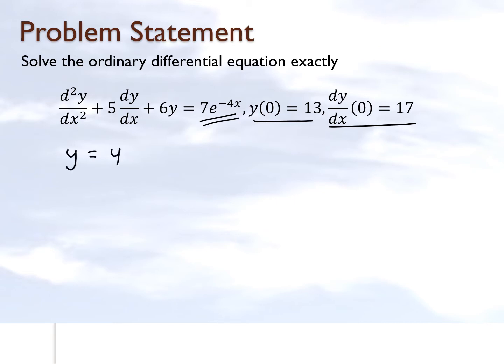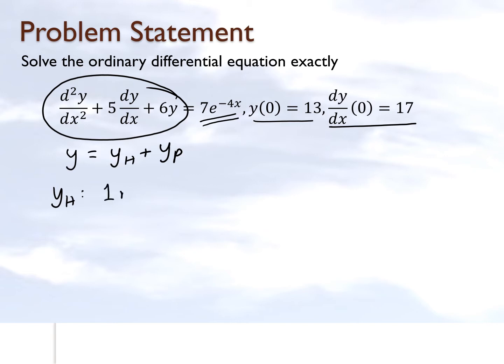Your full solution will be the homogeneous part plus the particular part. So let's concentrate on finding the homogeneous part. In order to find the homogeneous part, we have to look at the characteristic equation. So it will be 1 times m squared, because the coefficient here is 1 and this is the second derivative, plus 5m, because m raised to 1 is the first derivative, plus 6m to the power 0, because the zero derivative, is equal to 0.